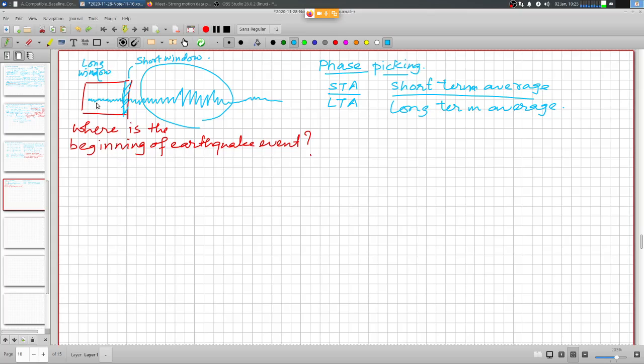So there is a finite number of data. Let's say, for example, we consider 50 samples for the short-term window and short-term averaging, and let's say 200 samples for long-term averaging.